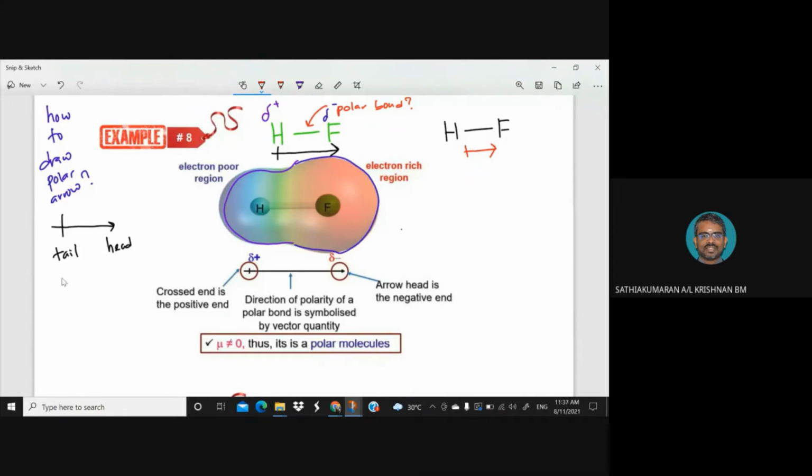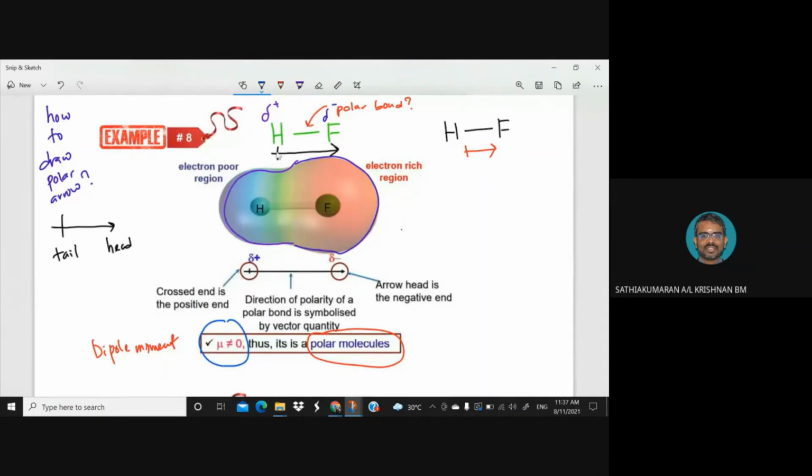Now you can see here we have a polar arrow. If there is a polar arrow, the molecule is a polar molecule. If it is a polar molecule, the dipole moment mu is not equal to 0.